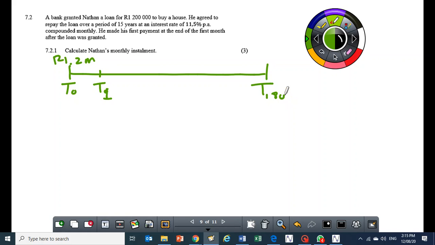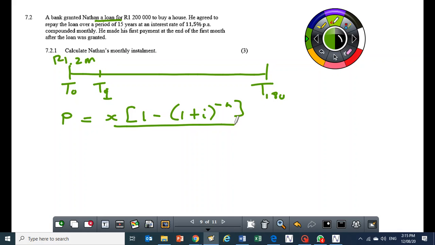Right? So if I want the monthly installment, because we have a loan here, it's a present value annuity, so P equals X times (1 minus (1 plus i) raised to the power of minus n) all over i.